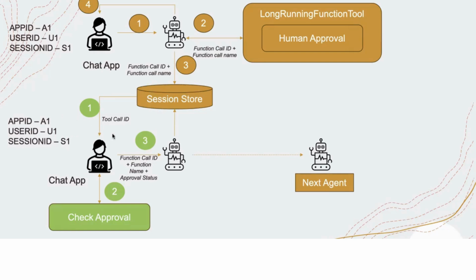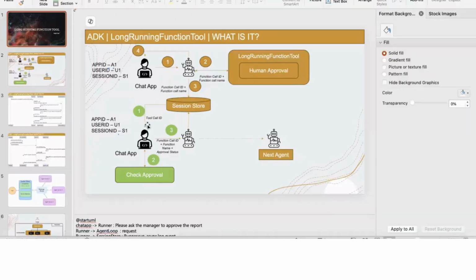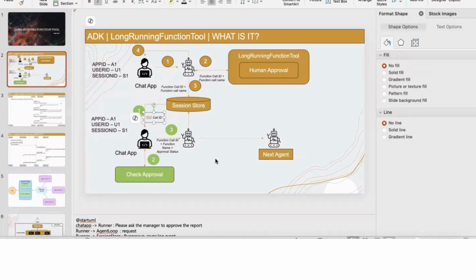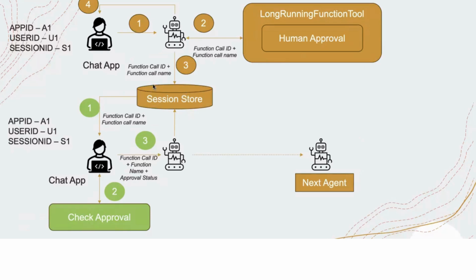So as part of it, this is actually not, this is function call ID as well. So let me fix this a little bit. This will be function call ID plus the function call name, right?